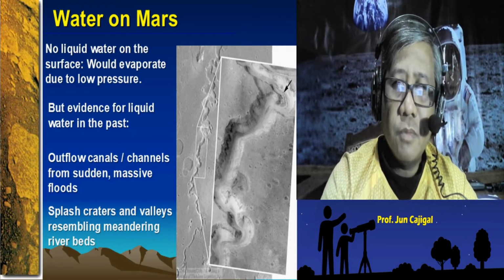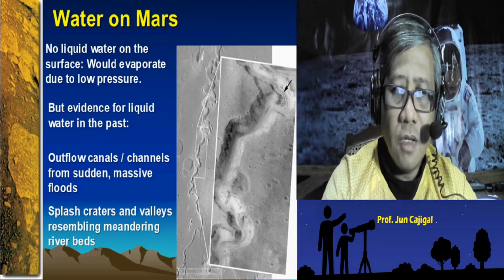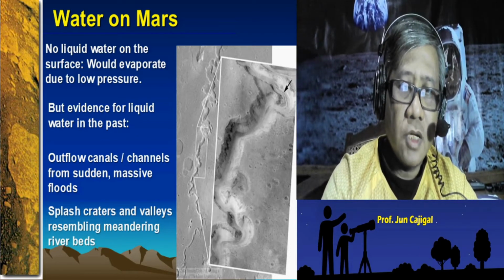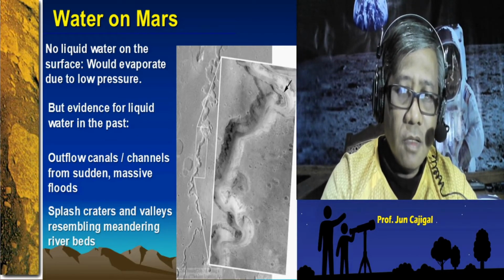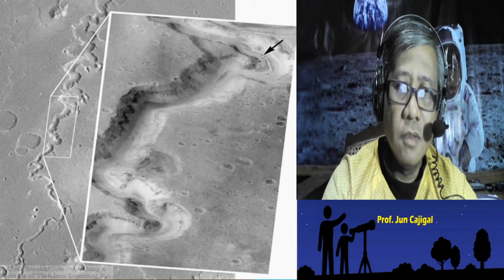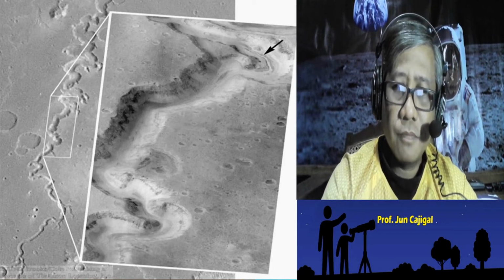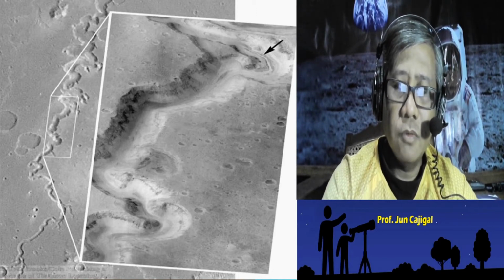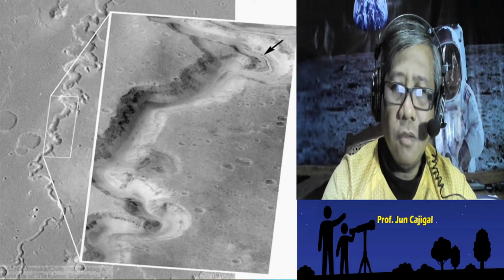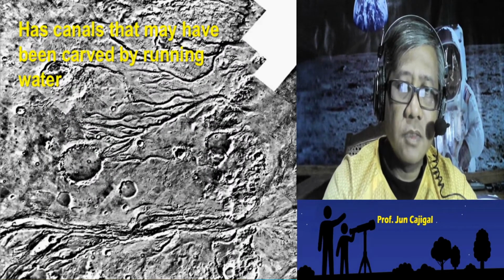So our space probes, NASA, they discovered canals. And canals, channels, and these channels may have been created by running water. Like, look at this picture, yan. Diba, kanal yan. O, paano na-form yan? So, liquid water might have flowed, yan, creating those channels or canals.